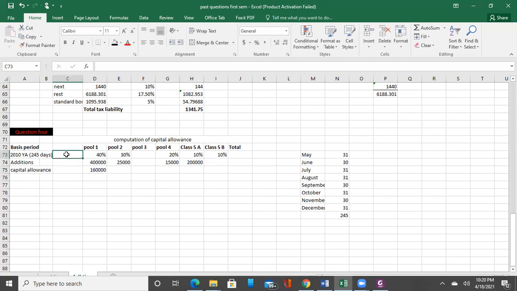So you have worked for 245 days out of the 365 days. So everything will be multiplied by 245 over 365. So this is going to be your capital allowance for the year 2010.